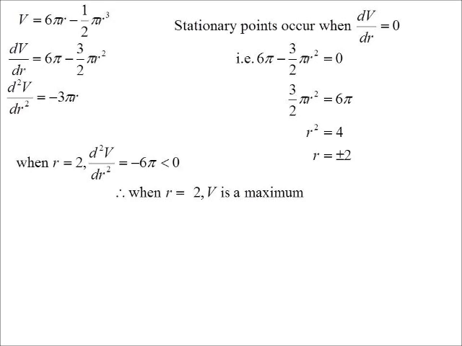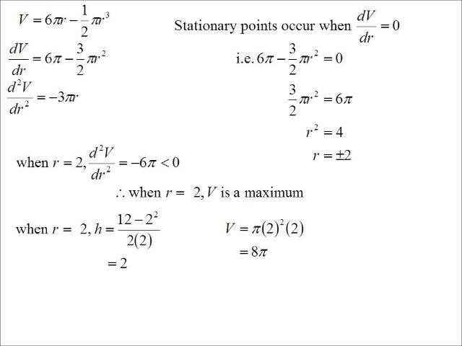Now, what did they actually ask us for in the question? They wanted the volume, they wanted the radius, and the height as well. So we've got r equals 2, substituting into everything. The height would also be 2. Funny bucket. Radius, height, very weird bucket. The volume would end up being 8 pi. So there we go.